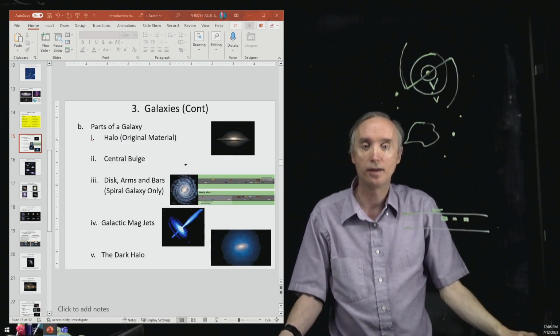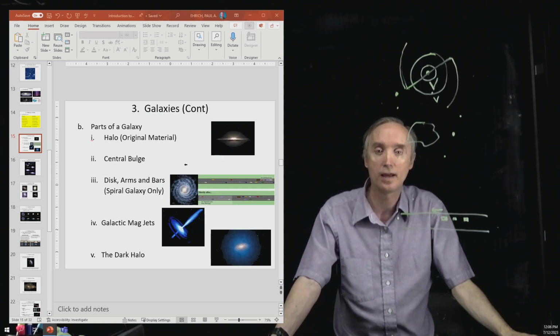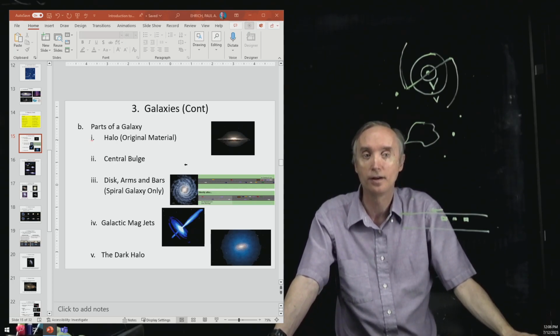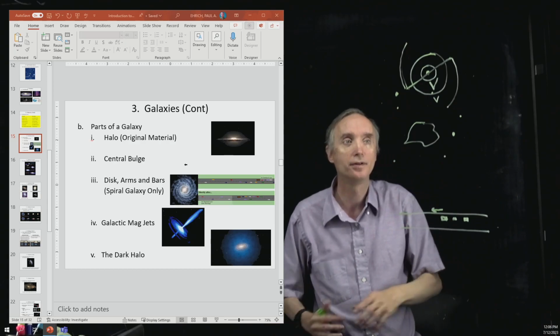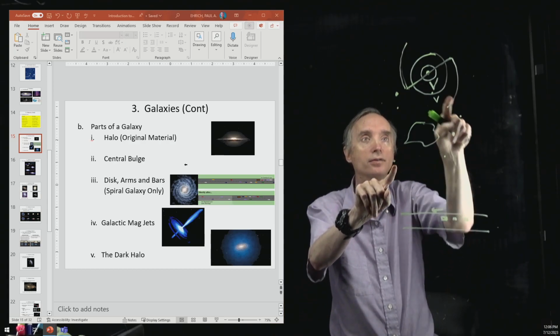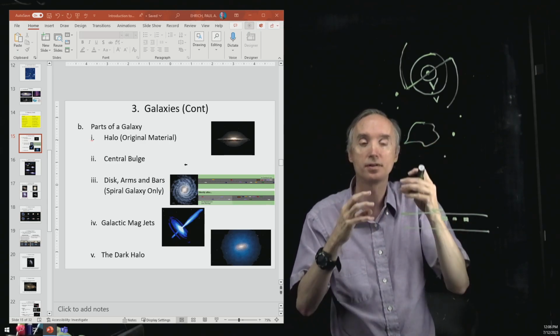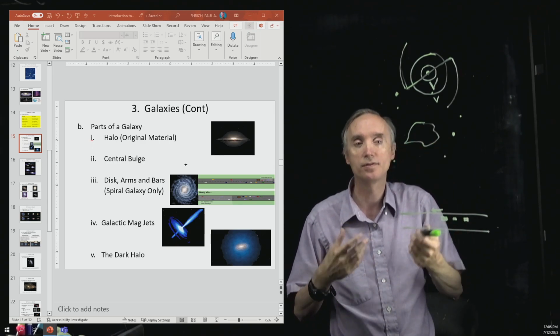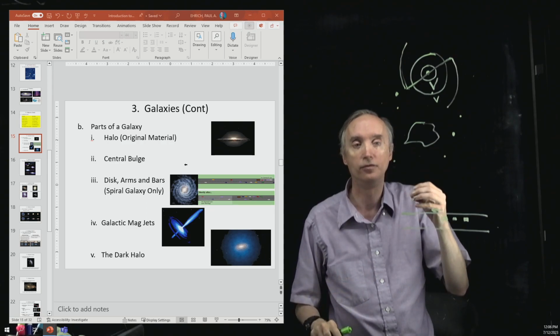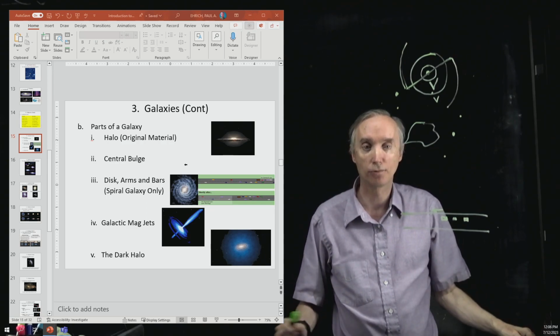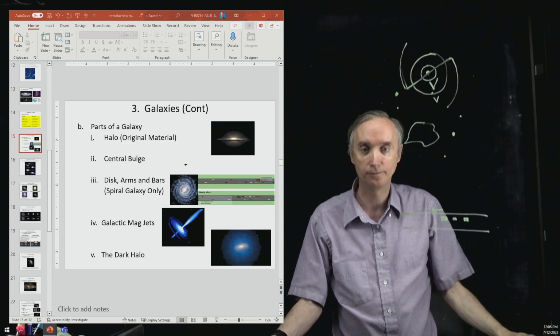Okay, another thing that a galaxy can have is a dark halo. So we said that this thing here that is surrounding the galaxy is the halo, which consists of very old stars that originally formed the galaxy.